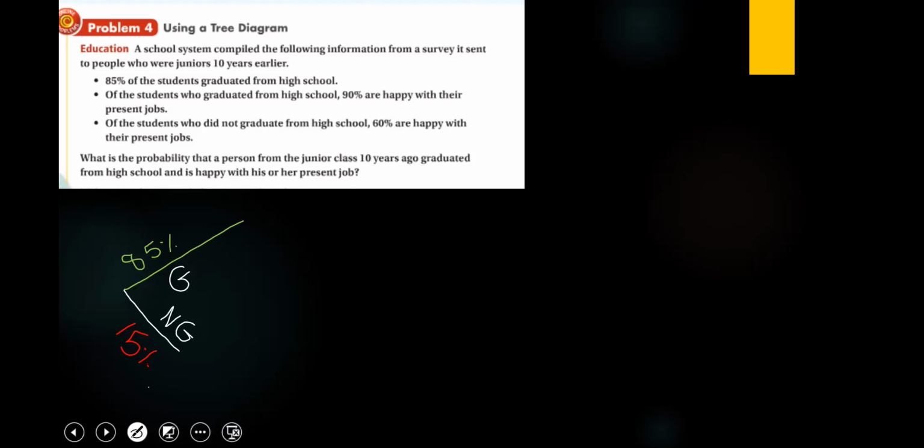Then, of the students who graduated, let's go to the branch for whom graduated. Of the students who graduated from high school, 90% are happy. So here we have 90% are happy. So if 90% from the graduated are happy, how many are not happy? 10%.